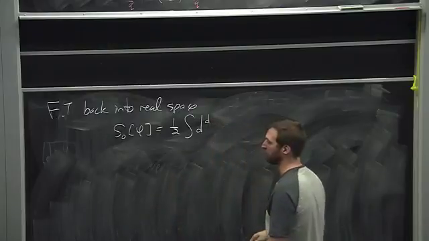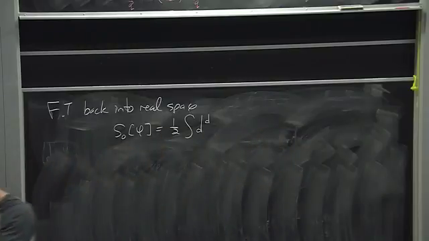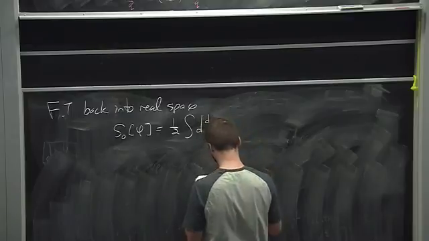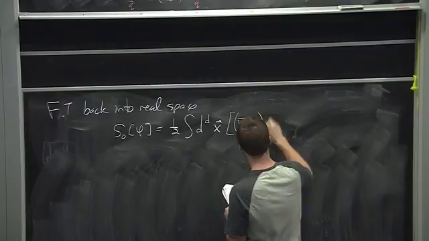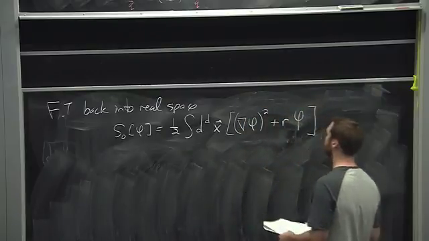I want X or R here. I'm not ready to make this decision. I'm going with X. Oh yeah, that's a good decision because I have a small r there.